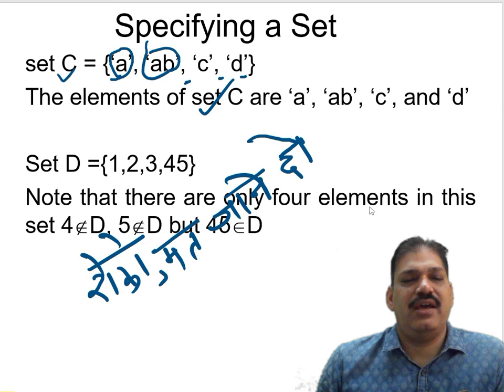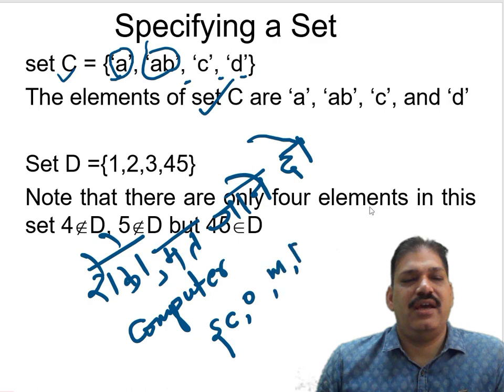Suppose you have some spelling, whatever spelling we have. Suppose I write computer. Now the set of alphabets used in it: C, O, M, P, U, not repeated yet, T, E, R. That's all.